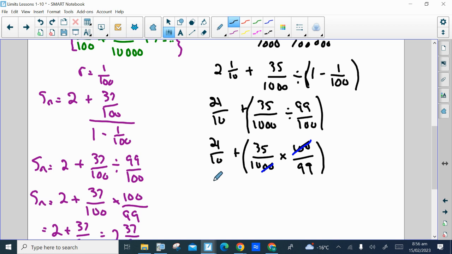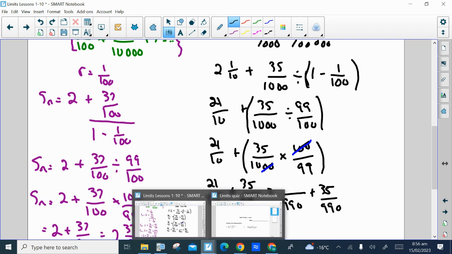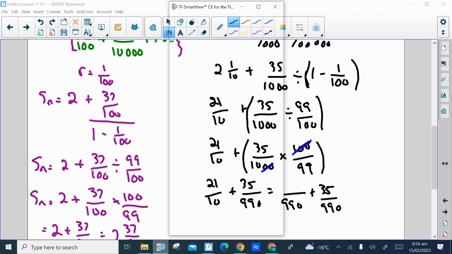And this leaves us with 21 over 10 plus 35 over 990. And to add these together, we'll need a common denominator, which would be 990. So the 10 on the bottom would have to be multiplied by 99.